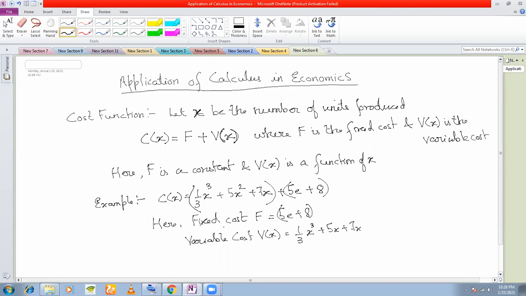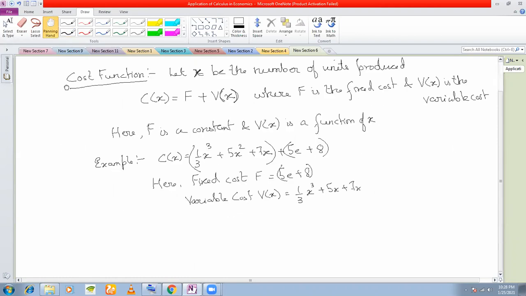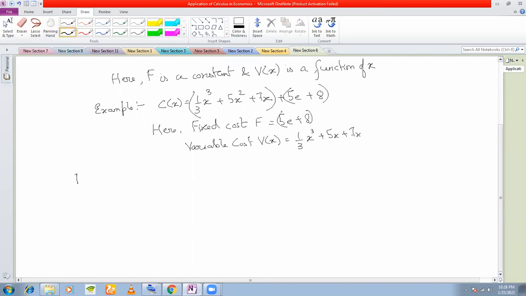We now come to the demand function. After cost function, we come to another definition which is called the demand function. Now, what do you mean by a demand function?